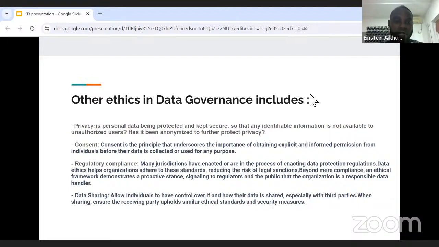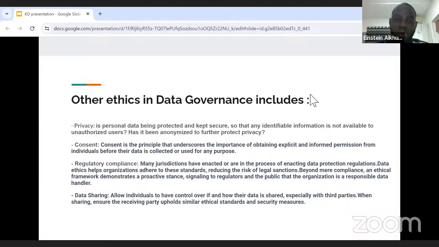Now, the next outline is data sharing. It allows individuals to have control over if and how their data is shared, especially with third parties. When sharing, ensure the receiving party upholds similar ethical standards and security measures. Exactly the same thing I was talking about, still on Facebook. They shared their data without users' consent, so the users had to sue them for that.